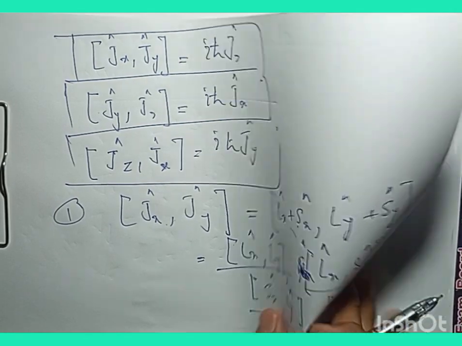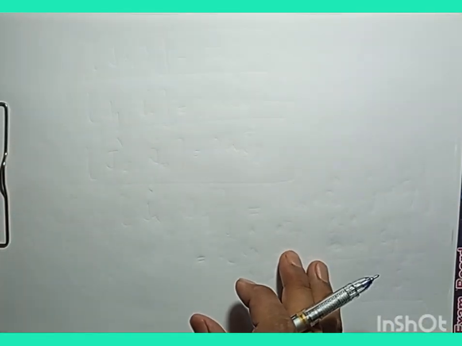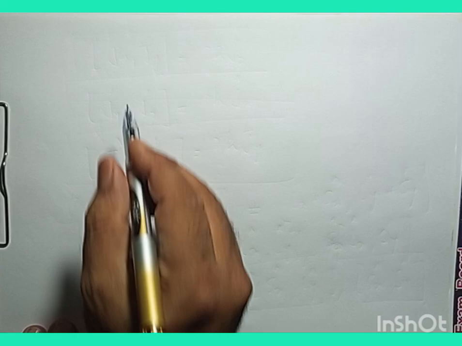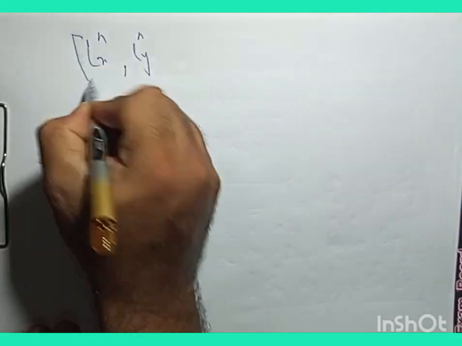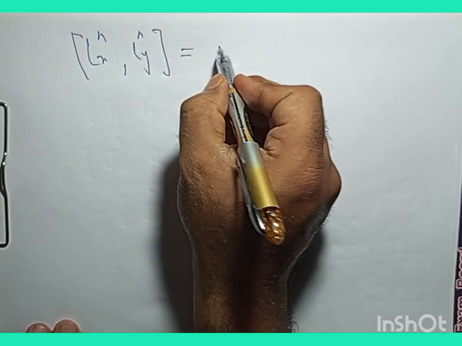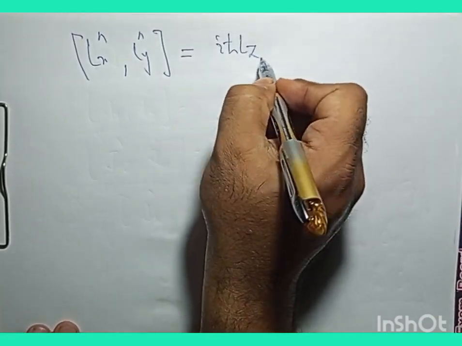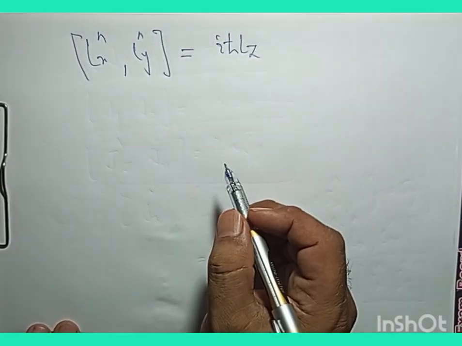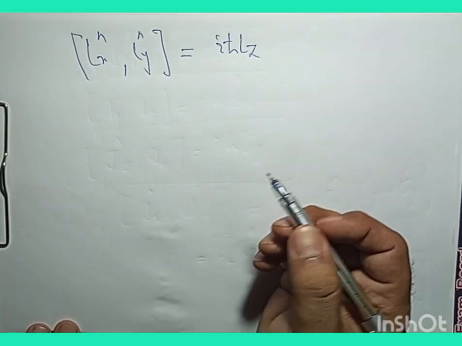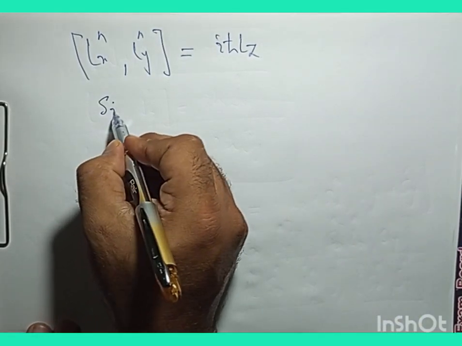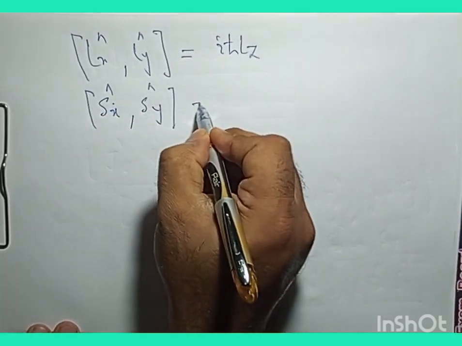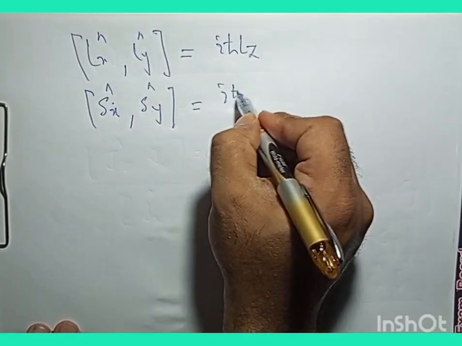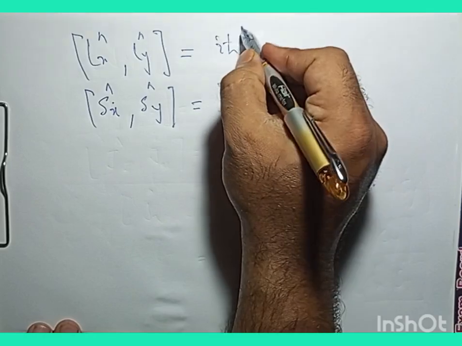Now, what we know about angular momentum commutators is that for Lx cap and Ly cap, the commutation between them is iħ Lz. And from spin angular momentum, we have the commutation relation Sx cap and Sy cap, which gives us iħ Sz cap.